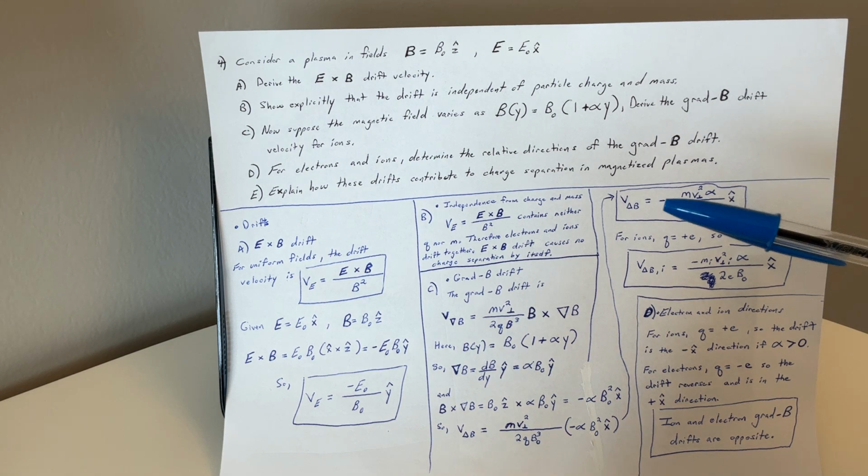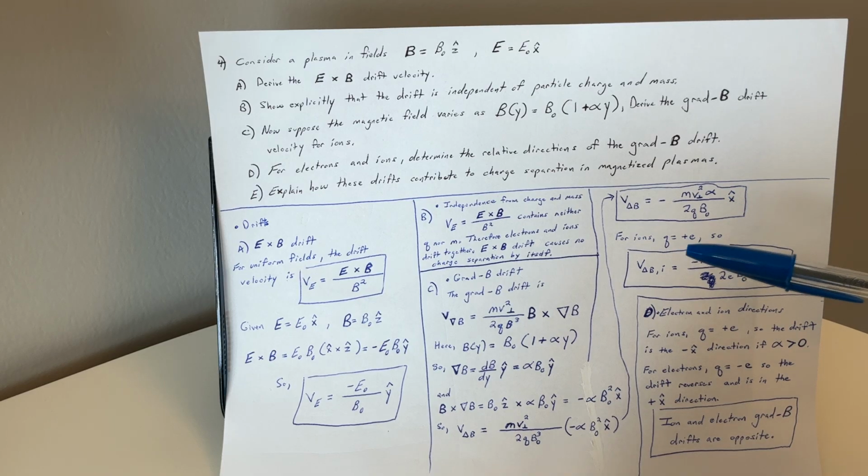So this is going to come out to negative m v perpendicular squared alpha over 2 q B_0 X hat. And for ions, we get q as positive e.